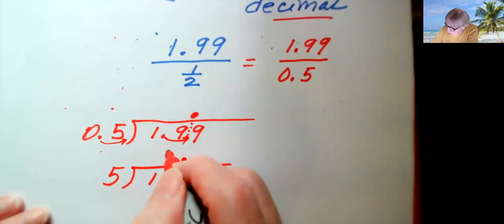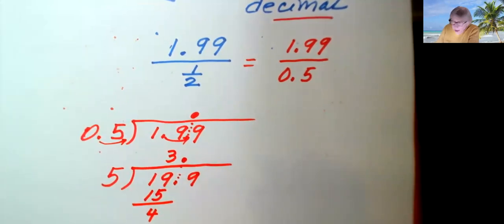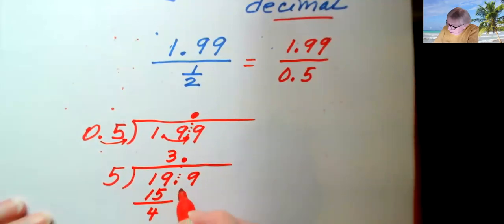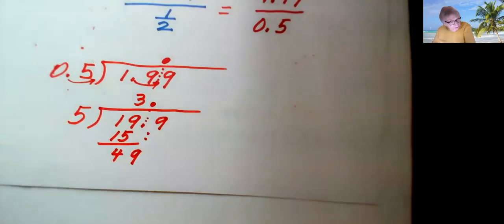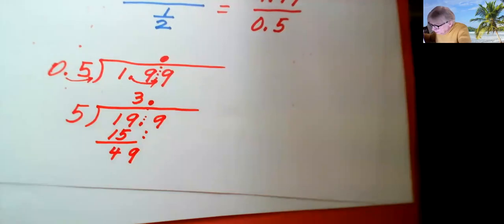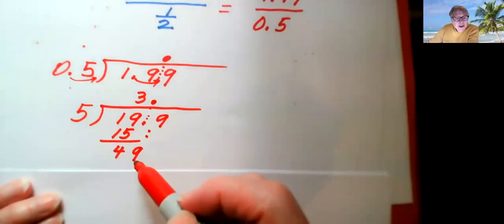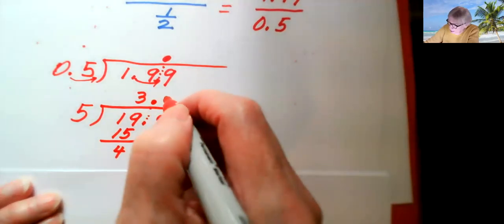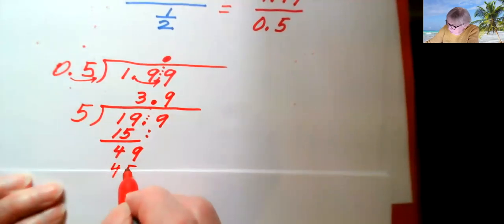5 into 19 goes 3. This is 15. That's a 4. I'm going to bring down the 9, and I'm hoping this is going to turn out. Okay, 5 into 49 is 9. 9 times 5 is 45.